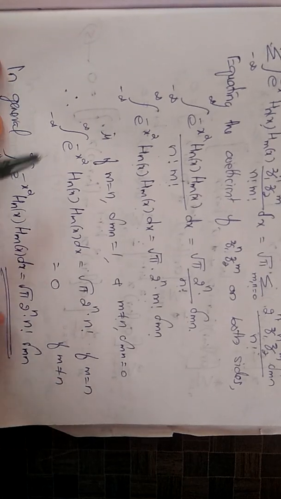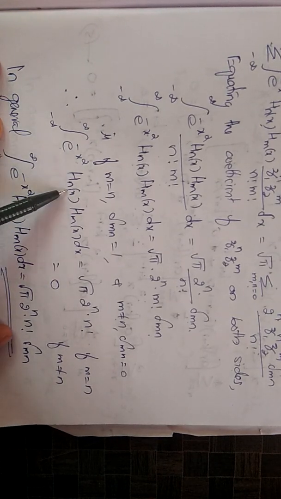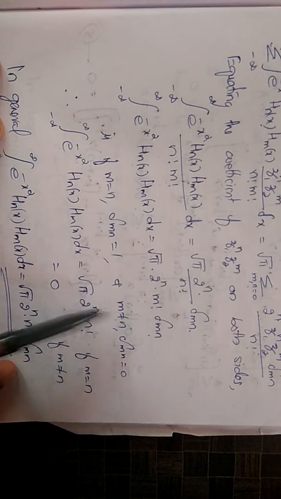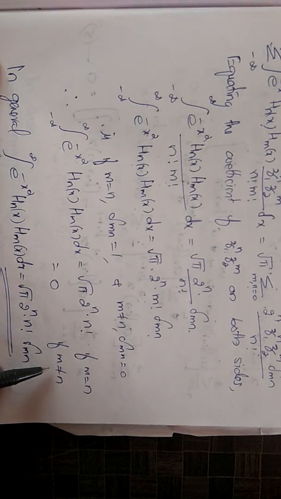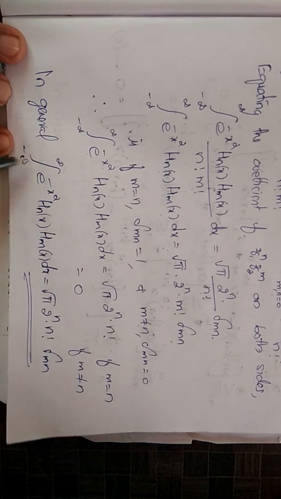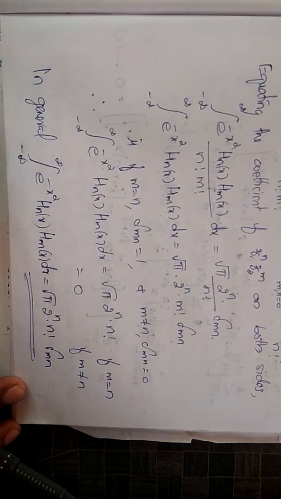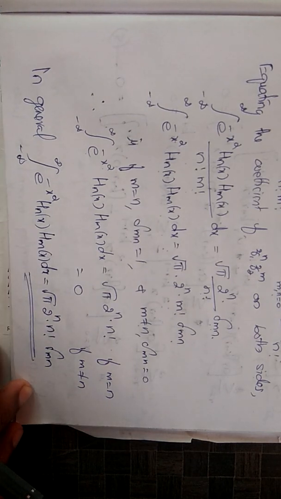Which means the integral is equal to root pi 2 raised to n, n factorial if m is equal to n, and this is equal to 0 if m is not equal to n. So in general you can write the integral from minus infinity to plus infinity e raised to minus x square Hn of x Hm of x dx equal to root pi 2 raised to n, n factorial delta mn.